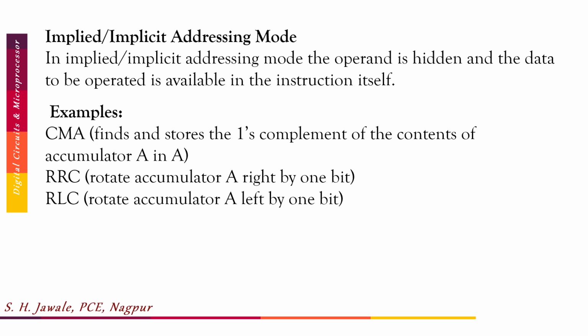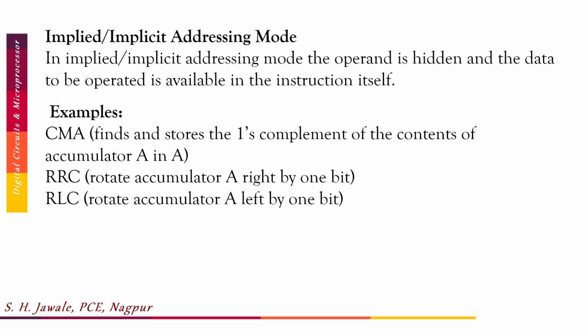Another example is RRC, rotate accumulator right by 1 bit. It means your data is present in the accumulator and the MPU has to rotate that data and the result is present again in the accumulator.